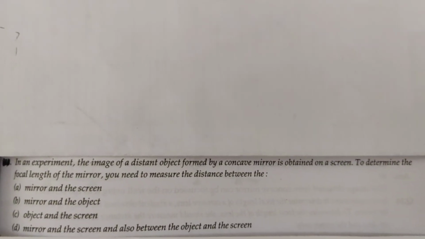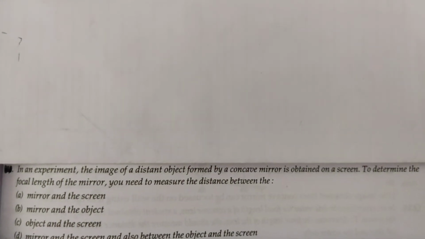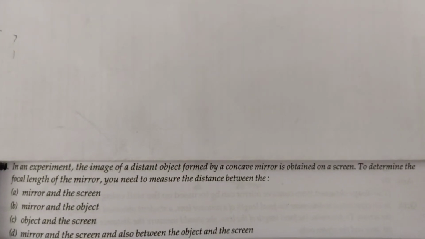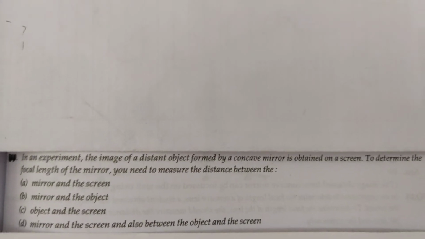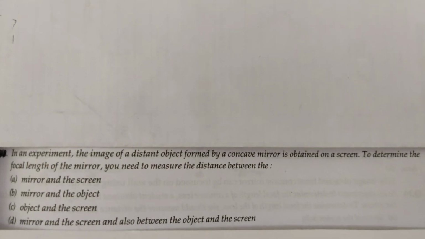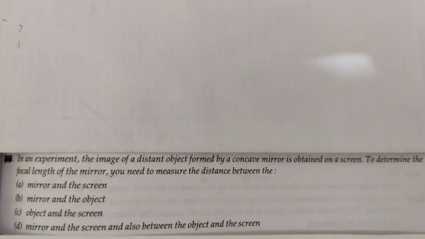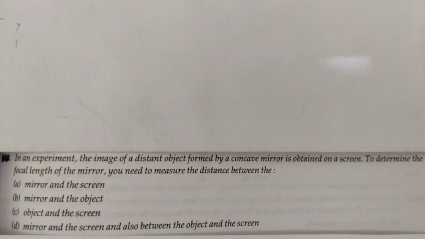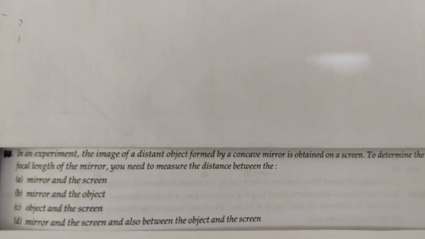Now the next MCQ is, in an experiment, the image of a distant object formed by a concave mirror is obtained on a screen. To determine the focal length of the mirror, you need to measure the distance between the. We know that when the object is a distant object, parallel rays from the object will be coming and incident on a concave mirror.